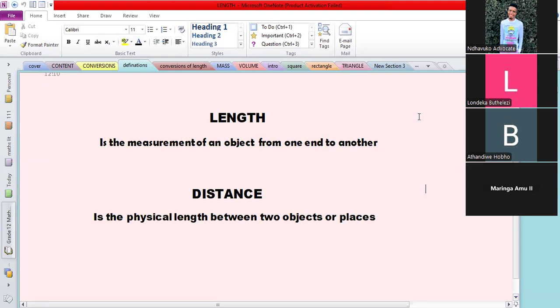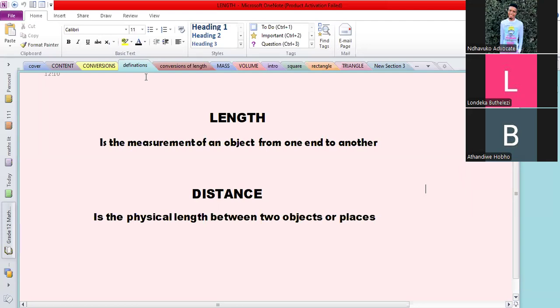Length is the measurement of an object from one end to another. Distance is the physical length between 2 objects or places. If there are no 2 objects, there is no thing called distance. There cannot be a distance if we are not referring to from one place to another.